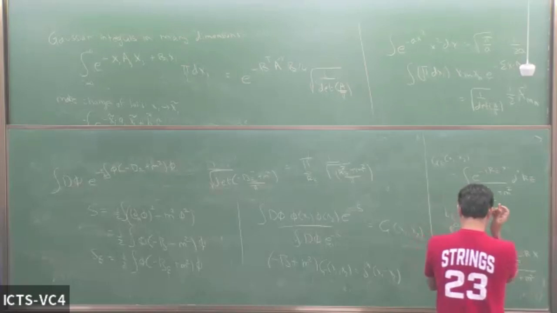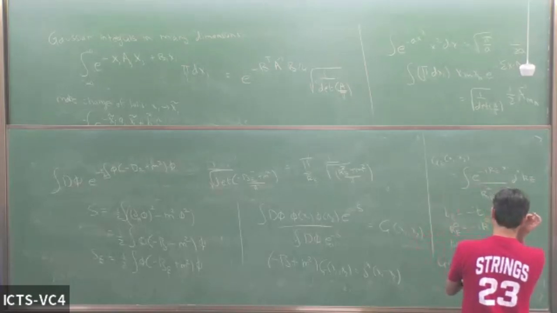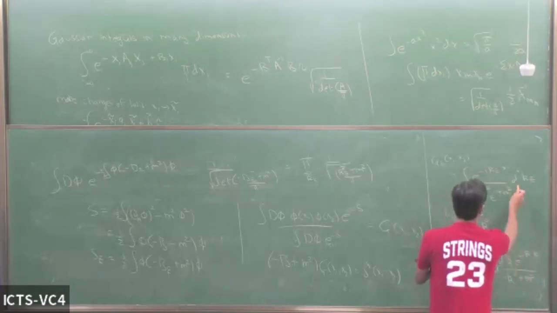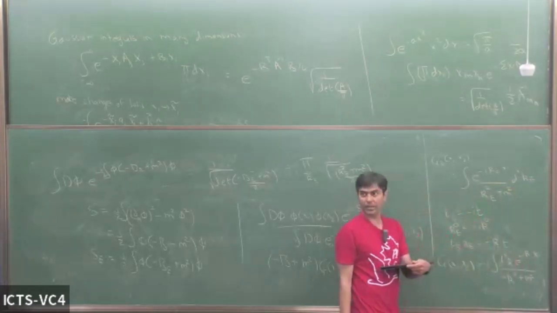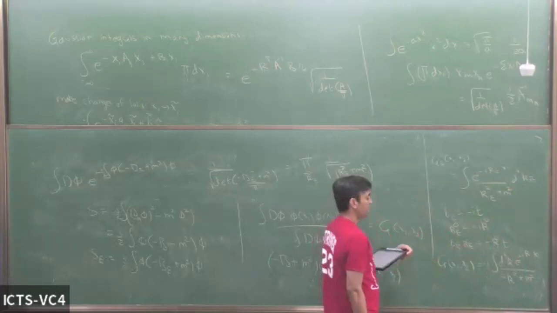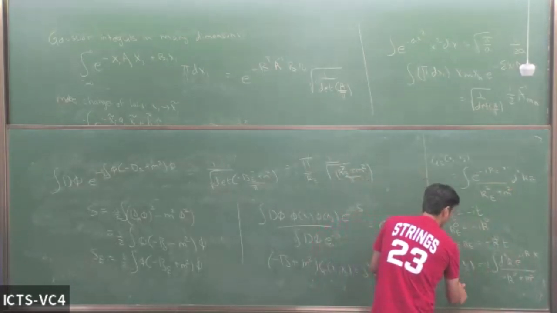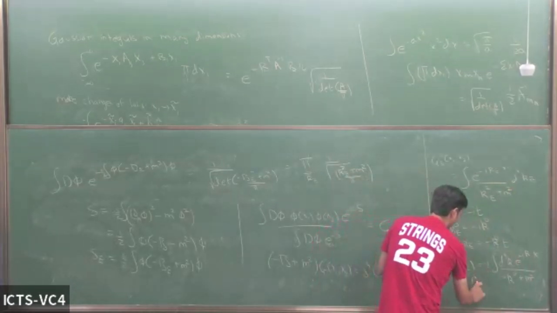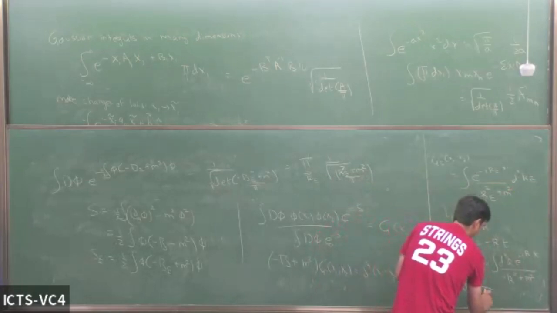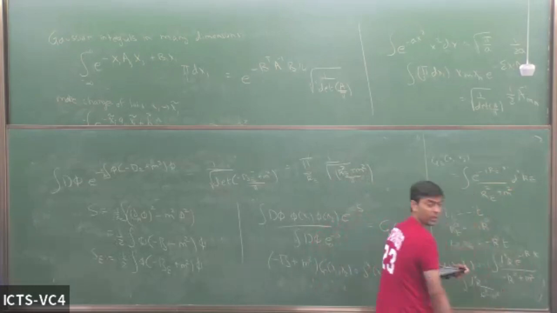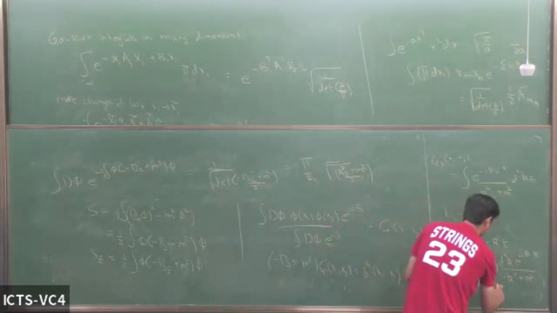I have d4k_E and k_E is equal to minus i k0. That's why I also have minus i here. And this just looks like i times an integral of d4k times an i with a plus i now with a k squared minus m squared, with an e to the minus i k dot x.